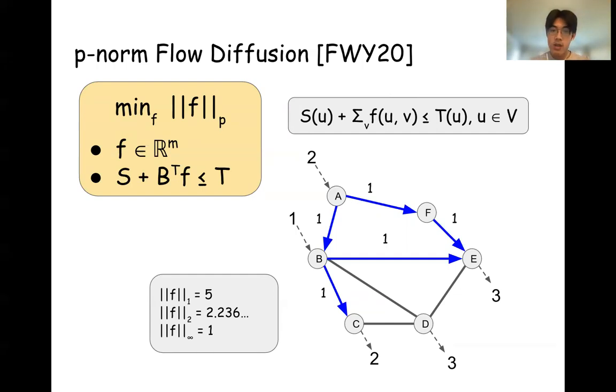For this kind of distribution, this flow's one norm is 5 and its infinity norm is 1.